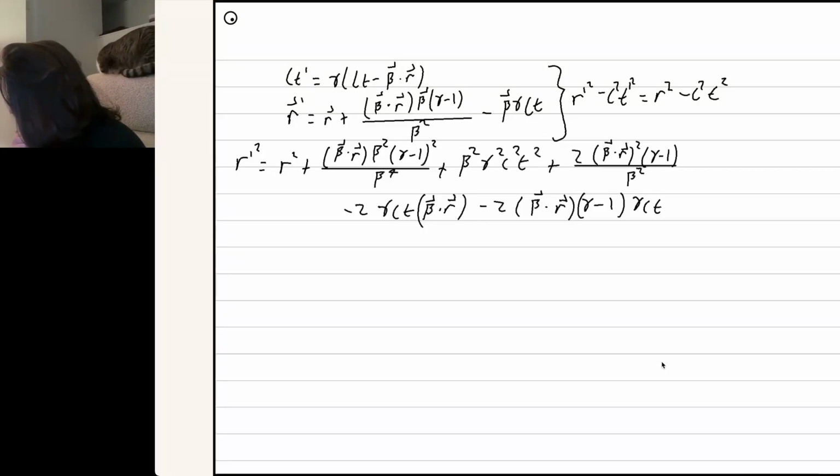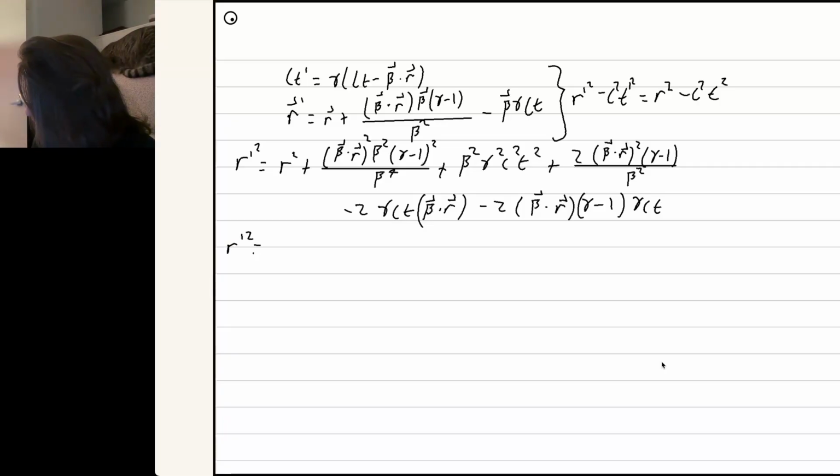So let's combine all the terms which depend on beta dot r squared and single beta dot r, and the terms that don't rely on it at all.